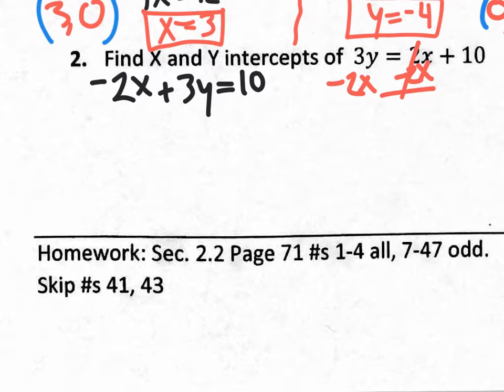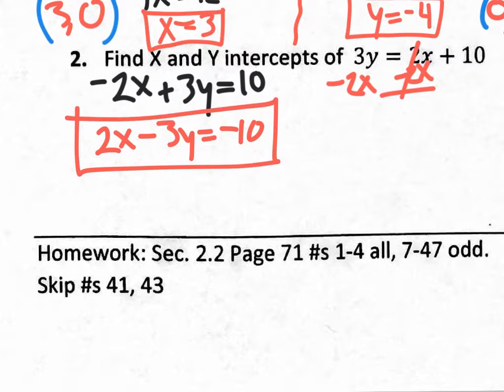And not only that, according to our book, they like to have the a value being positive 1. So you could change all the signs and say that your equation is going to be positive 2x minus 3y equals negative 10. Okay?